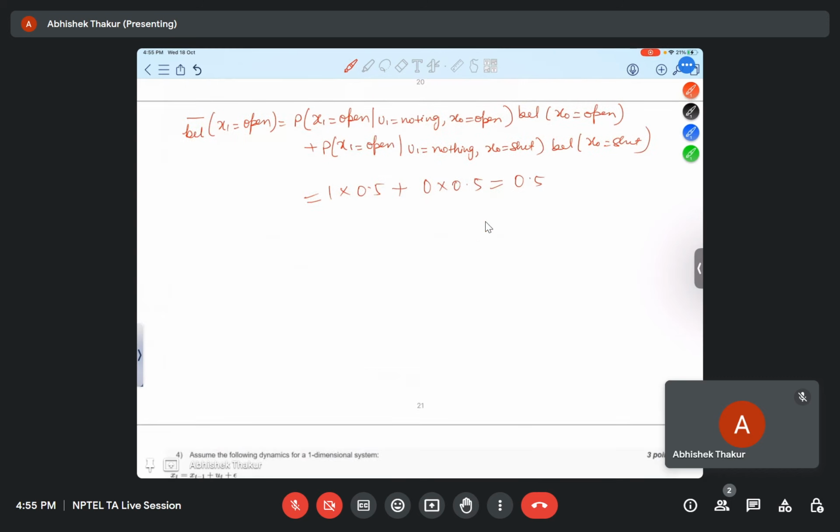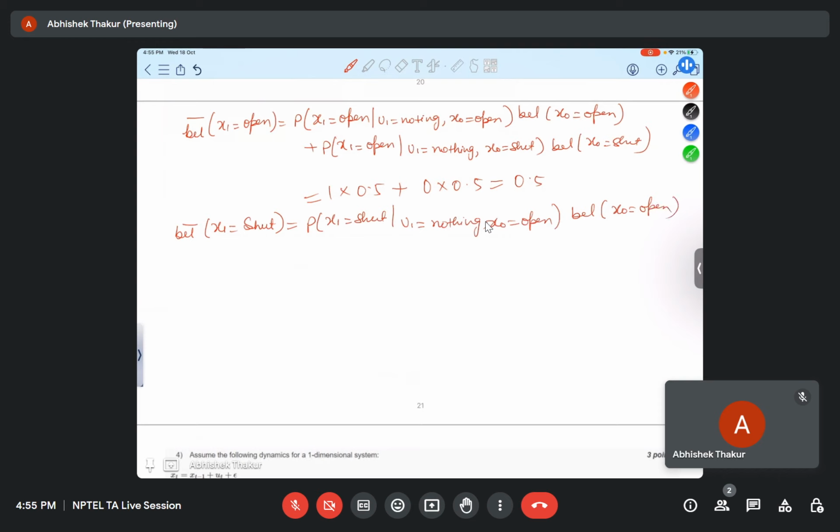Now belief bar of x1 is equal to shut, that is equal to probability of x1 is equal to shut such that u1 is equal to nothing, means do nothing, and x0 is equal to open, into belief of x0 is equal to open.